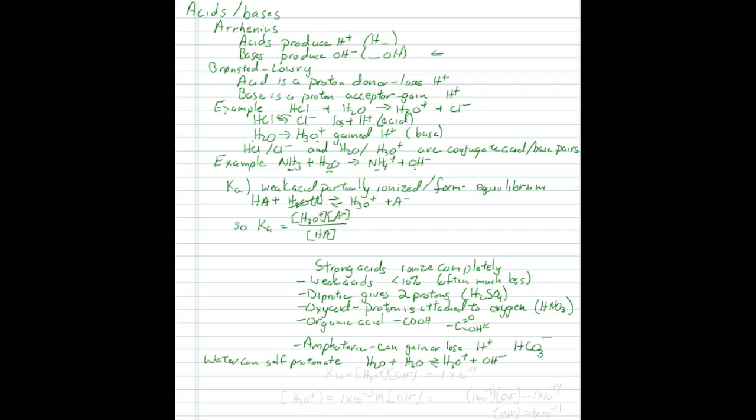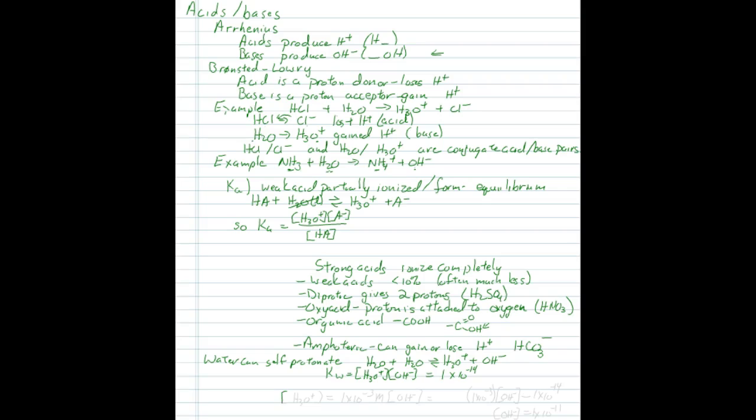The Ka would be H3O plus times OH minus over nothing because it's liquid water. So we call that a special K. Kw for water is the hydronium ion times the hydroxide ion. And that number at 20 degrees Celsius is 1 times 10 to the negative 14. Important number that you will learn to know.